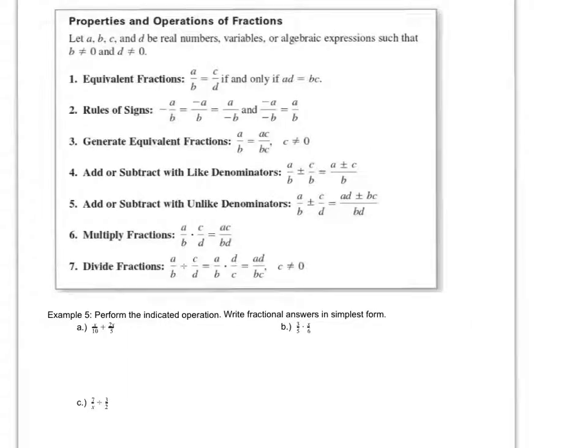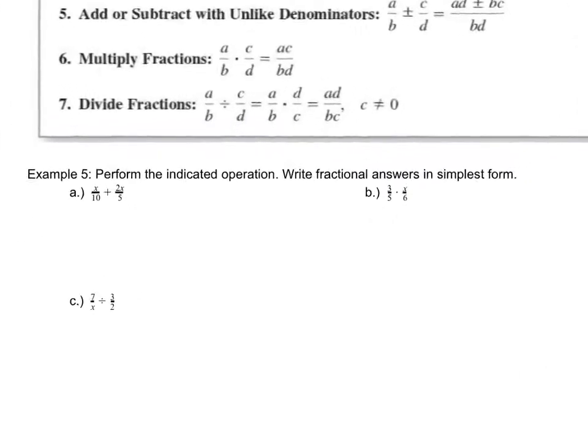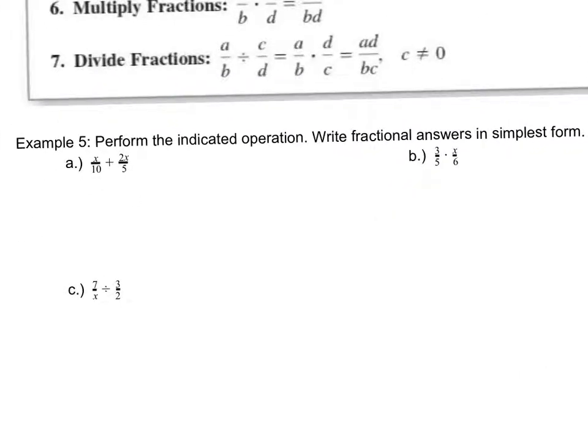All right, and the last thing in this section is just properties and operations with fractions. I just picked out a few here that had variables in them so we could remind ourselves of how to do this if there's variables. Okay, so remember that in order to add two fractions, they have to have the same denominator. So in the case of 5a, I have a 10 and a 5, and I need a common denominator. So of course we know the common denominator is 10. So my first fraction can stay exactly the way that it is.